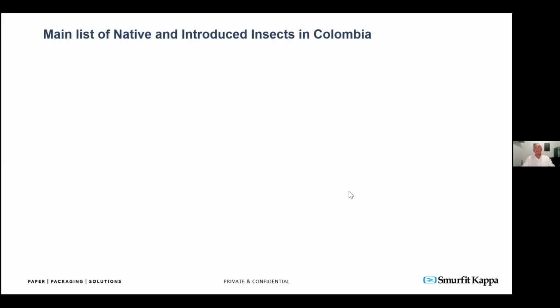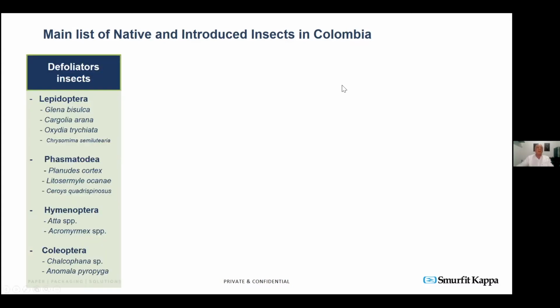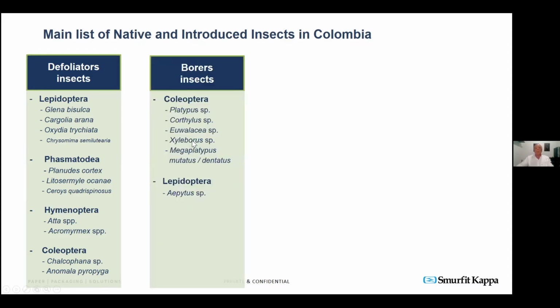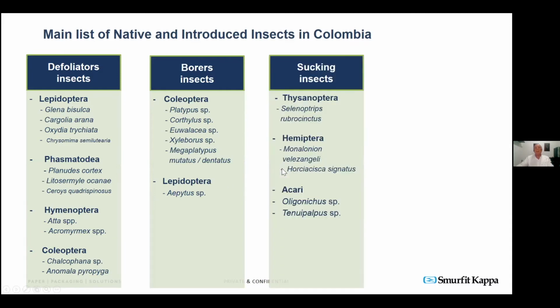Since the 1950s, several groups of insects have been reported causing damage on forest plantations. These include defoliating insects represented by the orders Lepidoptera, Phasmatodea, Hymenoptera, Coleoptera; borer insects, Coleoptera and Lepidoptera; and for sucking insects, Thysanoptera, Hemiptera, and Acari.